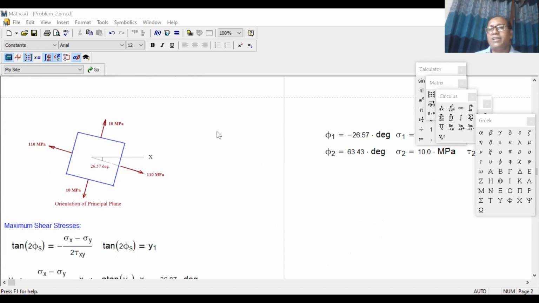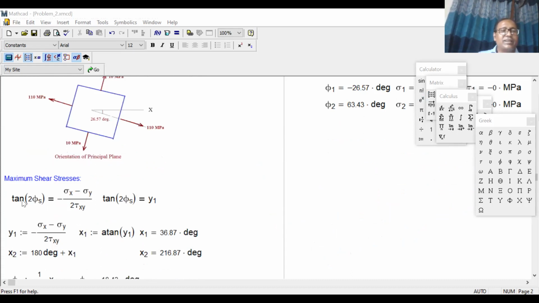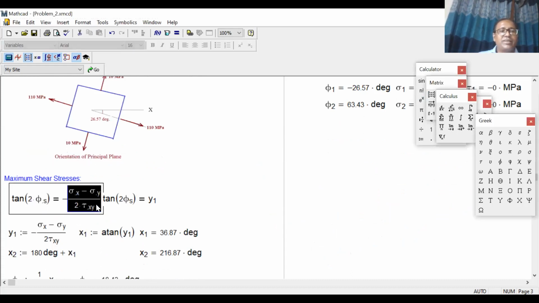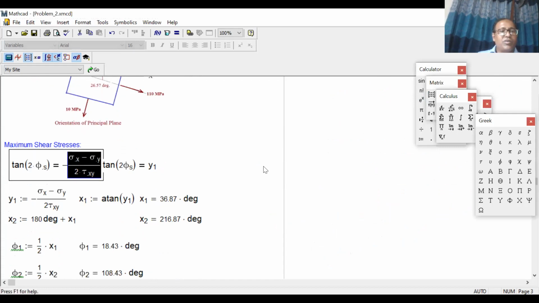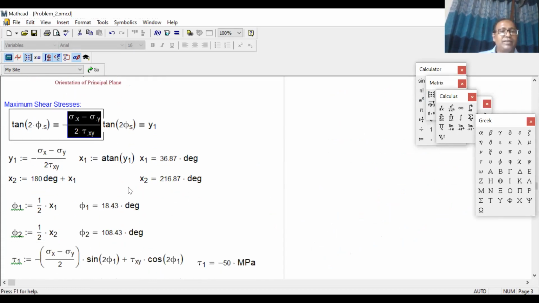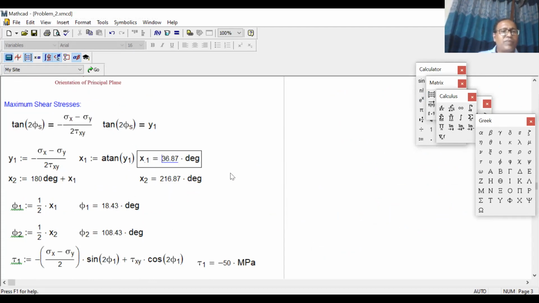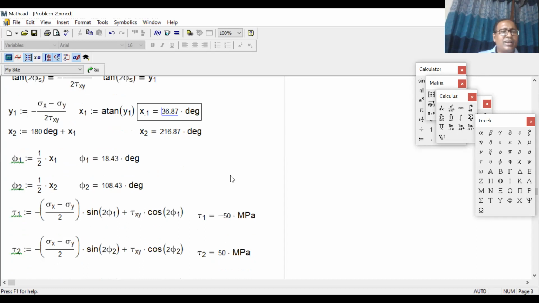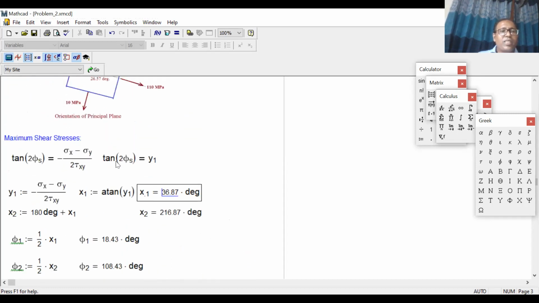So what is my shear plane formula? This is the angle, then 2 phi s equal to this one. So after you put all the numbers, you will get tan 2 phi equal to this value. Tan 2 phi. I didn't put what value I got. I got y1, right? Y1 value.